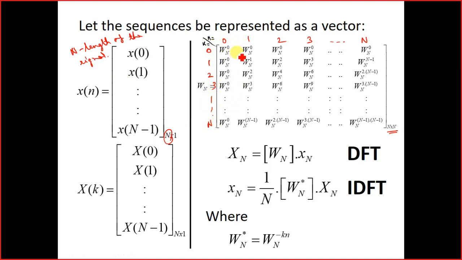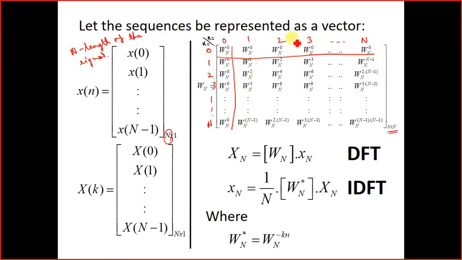So if you see, the first row and first column will always be W_N^0, W_N^0 and so on. Similarly, in the first column also we will be having W^0. Then you have 1 multiplied by 1, so this is W_N^1, then 2 multiplied by 1, W_N^2 and so on.